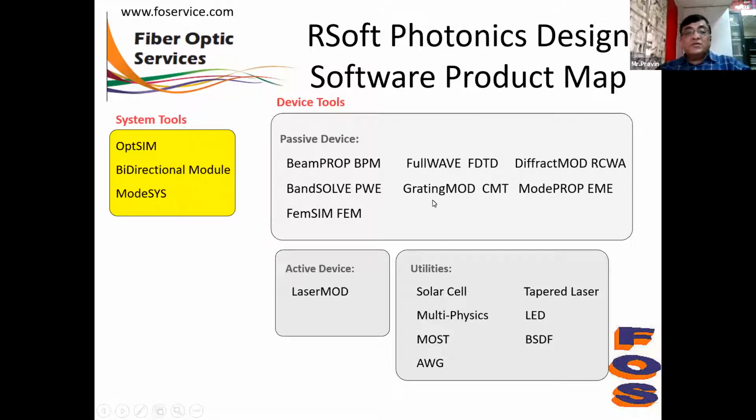They actually utilize the simulation results from these tools and do the post-processing for a specific purpose. Say, for example, solar cell, as the name indicates, is mainly to design the solar cell and calculate various design parameters for the solar cell. Similarly, LED and so on. Which we'll see in today's presentation.